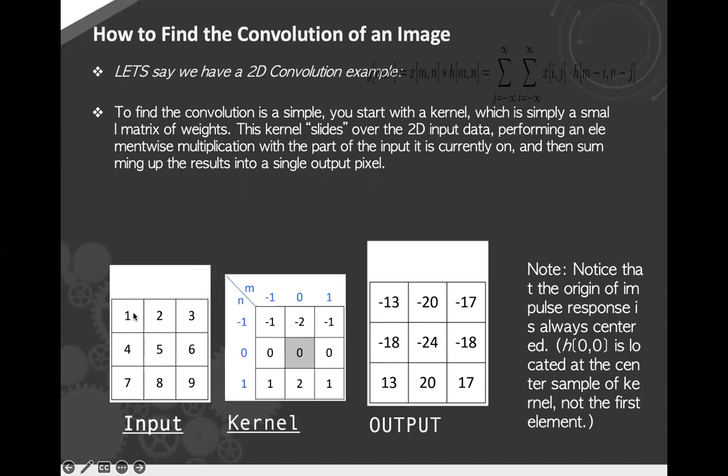We have a 2 by 3, and you're going to multiply everything out. Notice that the origin of the impulse response is always the center, which is h(0,0), located at the center of the kernel, not the first element. So the center is always going to be 0.